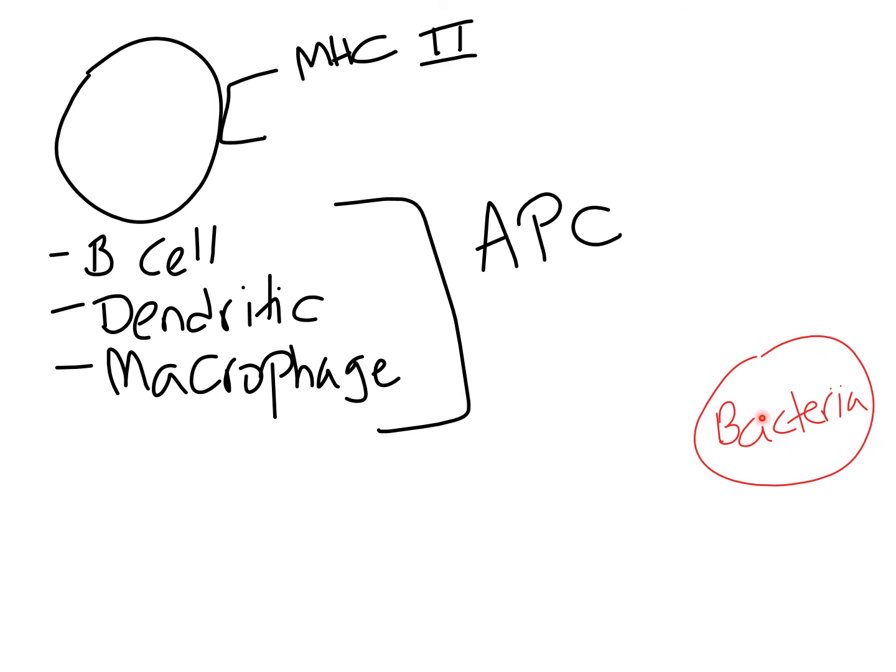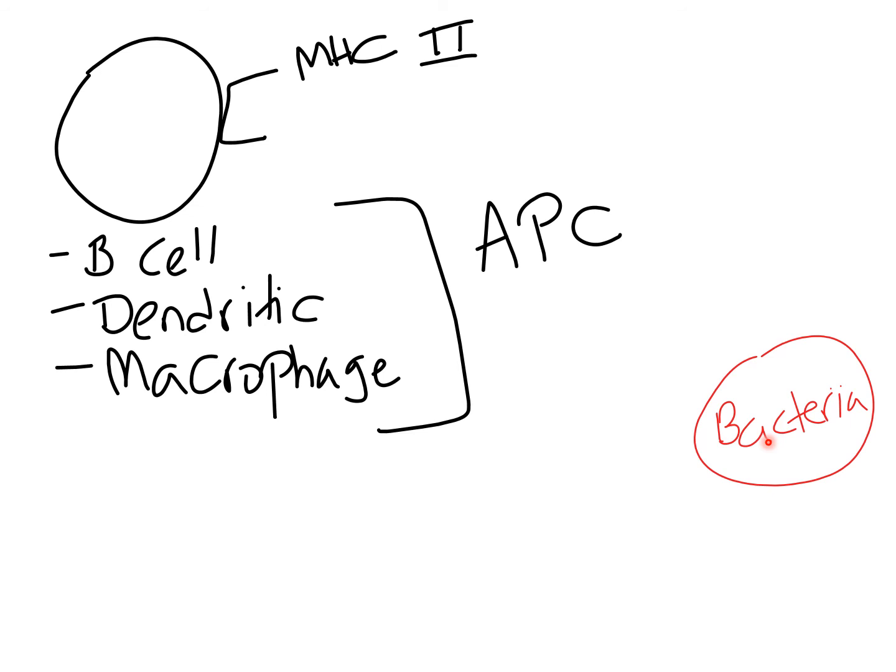So let's say that here is a bacteria. You have a macrophage. So let's say that this cell right here is a macrophage. Macrophages are known to be phagocytic cells, meaning that if a macrophage encounters a bacteria, it's going to go ahead and engulf that bacteria.